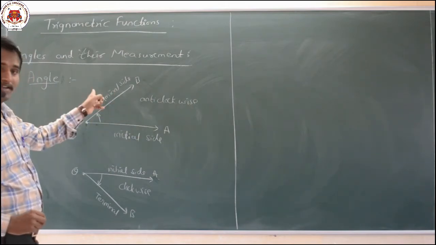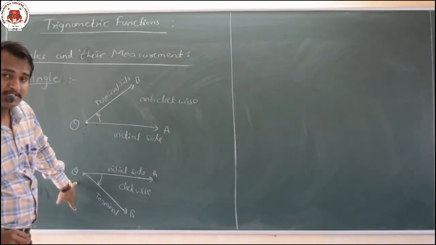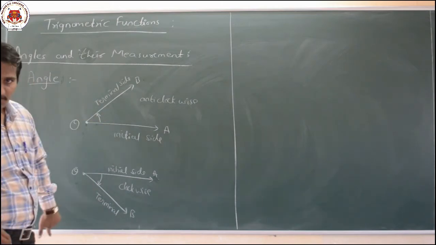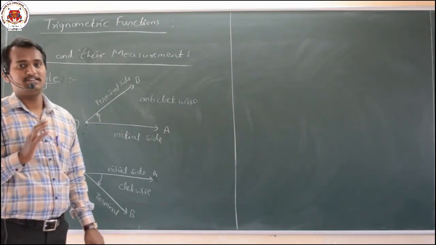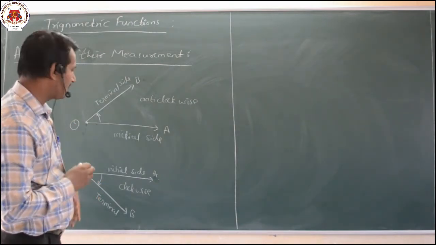One is anti-clockwise and one is clockwise. The amount of rotation, whether clockwise or anti-clockwise, is known as angle. That is our angle definition.